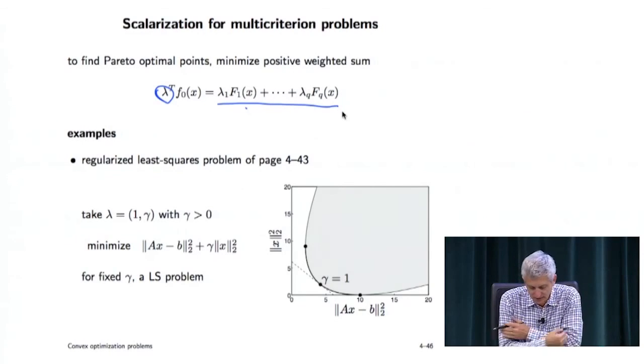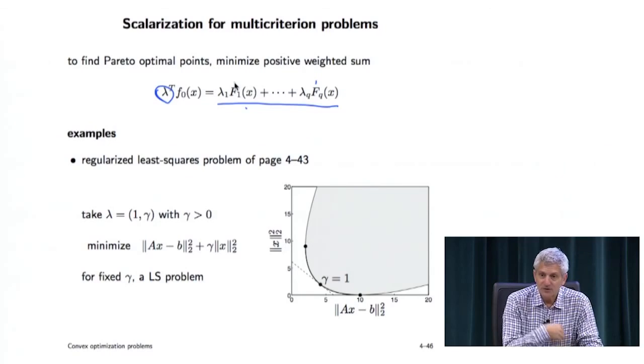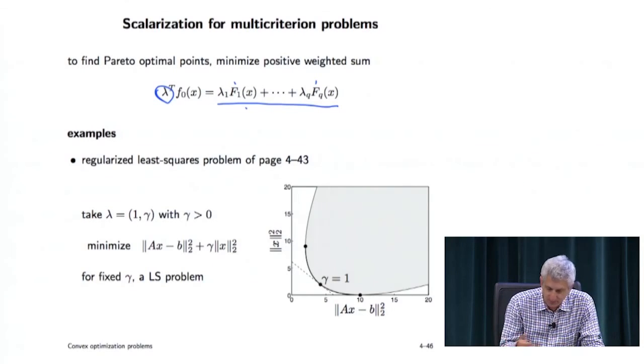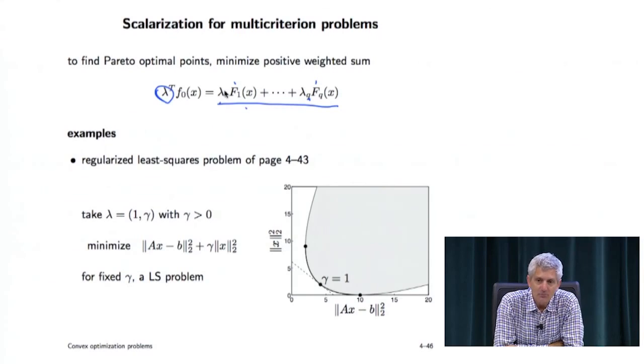And there's a nice economic interpretation. For example, you could think of F1 up to FQ as being some kind of cost or consumption, but they could be in different units. One could be in kilowatt hours, and another one could be in dollars. It could be a direct cost. And now you have to add them up. You can think of the lambdas as a set of prices.